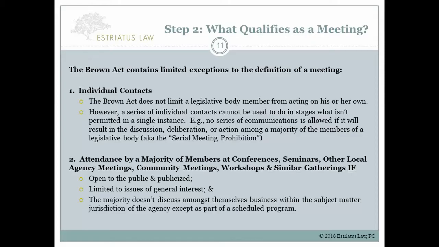Okay. The second listed Brown Act exception to the meeting requirement provides that attendance by a majority of the legislative body members at conferences, seminars, and other local agency meetings, community meetings, workshops, and similar gatherings is okay if the event is open and publicized to the public, conversation is limited to issues of general interest, and a majority of the members do not discuss amongst themselves business of a specific nature that is within the subject matter jurisdiction of the agency, except as part of a scheduled program.